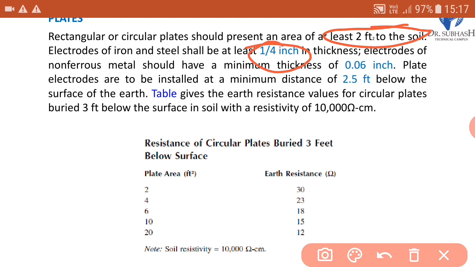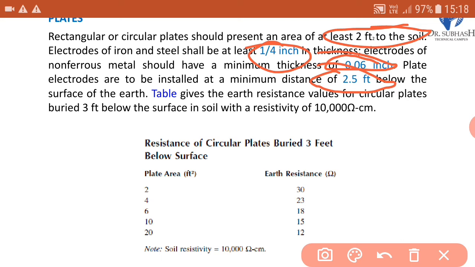Electrodes of non-ferrous metal should have a minimum thickness of 0.06 inch. Plate electrodes are to be installed at a minimum distance of 2.5 feet below the surface of the earth. It means from the surface it should be minimum 2.5 feet below, and in some cases it may be greater than 2.5 feet.